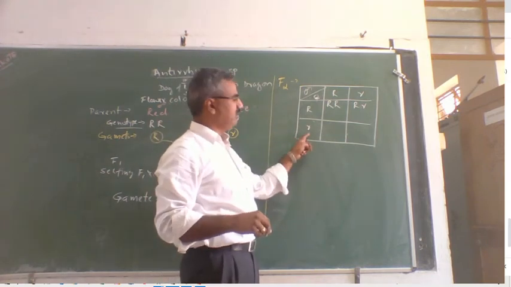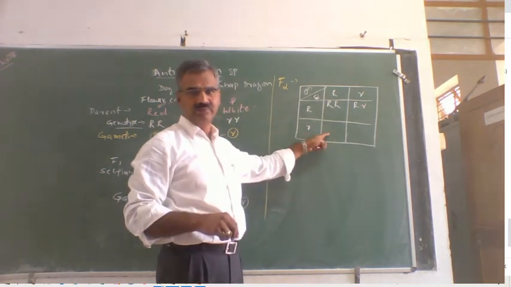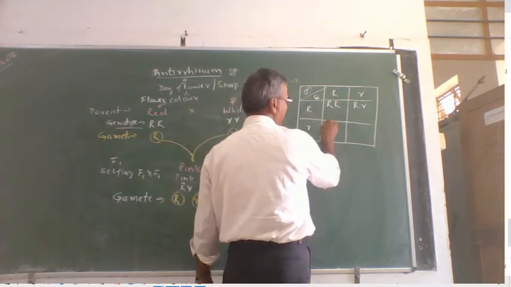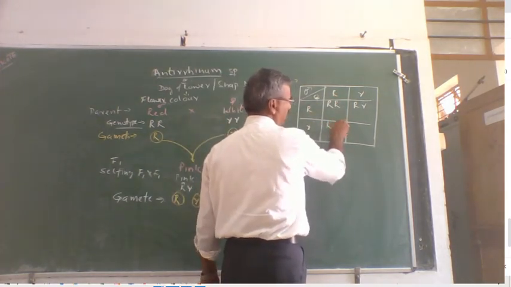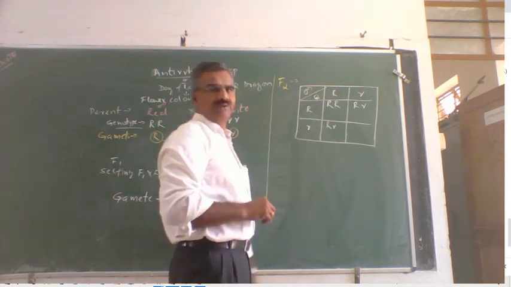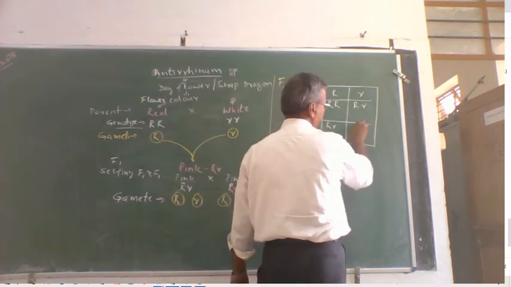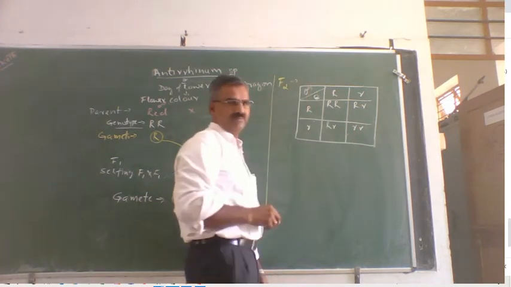The recessive allele of the male gamete with the dominant allele of the female gamete again gives capital R, small r. And both gametes with both recessive alleles crossed here give small r, small r.